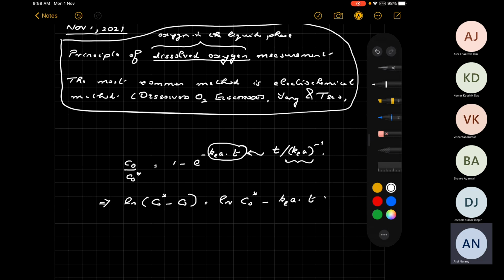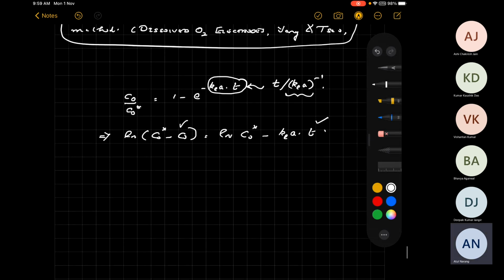So that means if you were to plot, the data is giving you CO versus time. If you plot ln of (CO star minus CO) versus time, and CO star is also known to you, you assume that the solubility is known, then you can get the value of KLA as the slope.